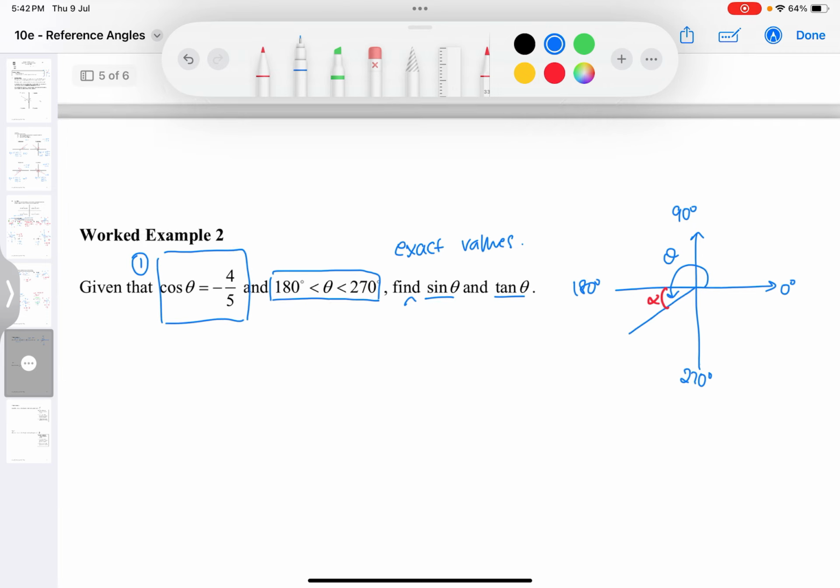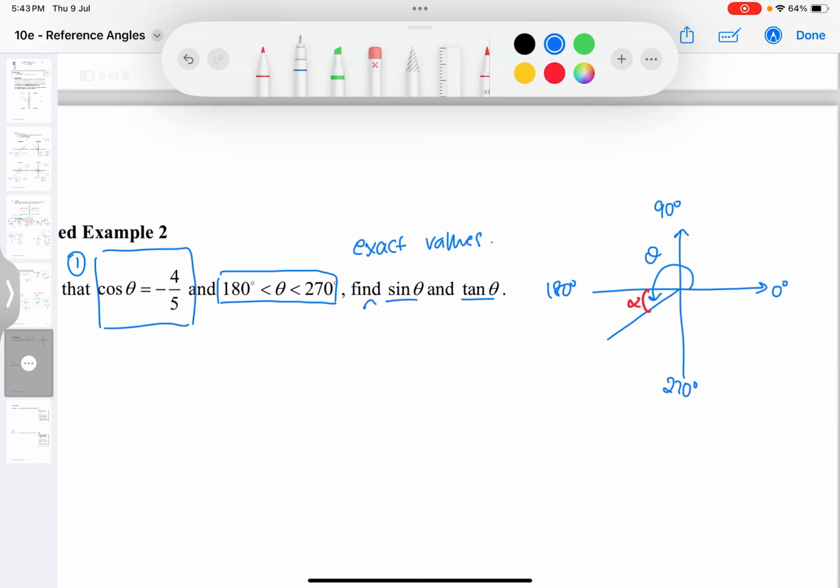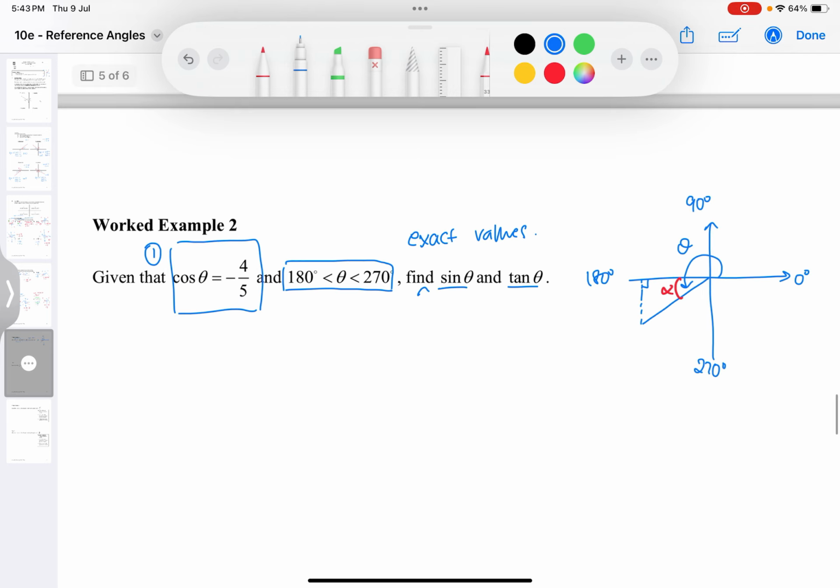If we then draw a right angled triangle, we will be able to identify the sides, or rather the ratio. Cosine of the angle is the adjacent over the hypotenuse. So based on the basic angle, the adjacent is negative 4, and the hypotenuse is 5.